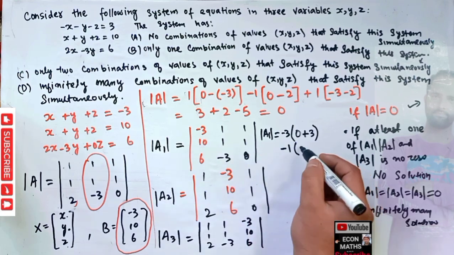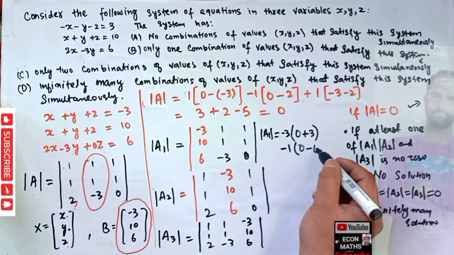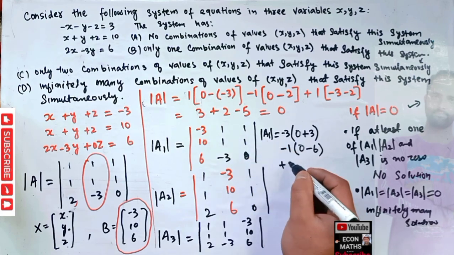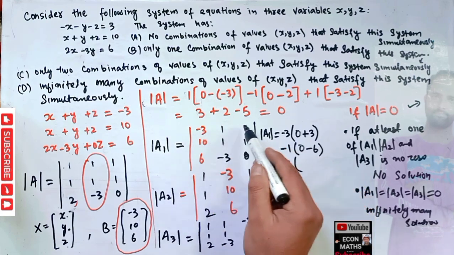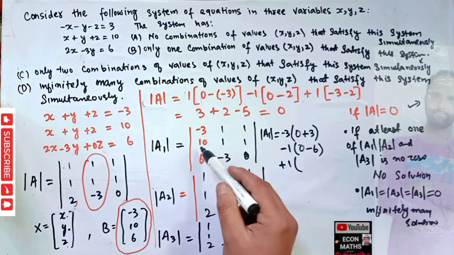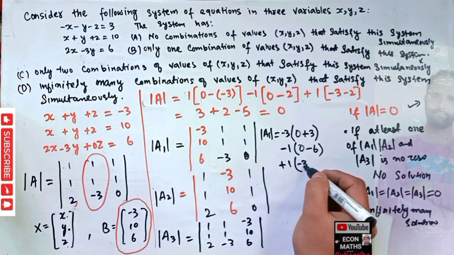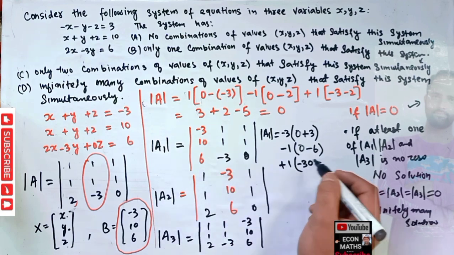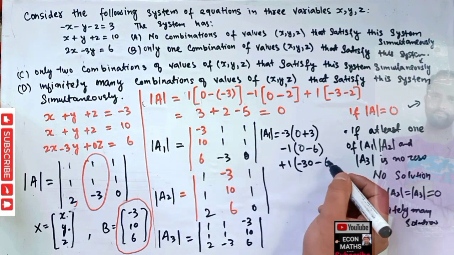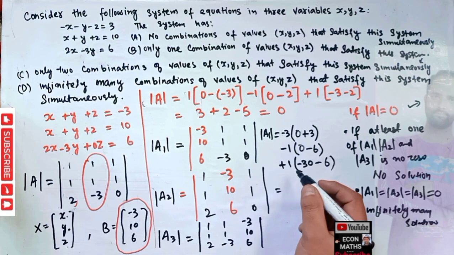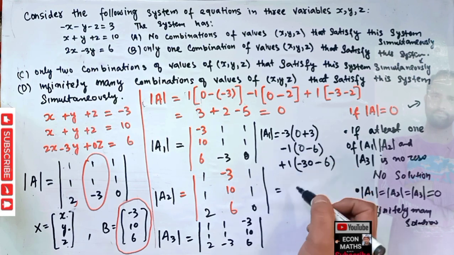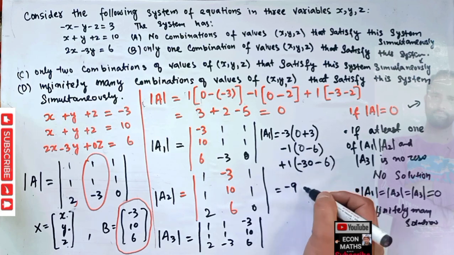So 10 zeros are 0, then we have -6, then we have +1, deleting this row and this column and taking the determinant of the remaining elements. So we have 10 threes are 30, so we have -30, then we have -6 zeros, 6 ones are 6. So let us see what comes as the determinant here. So 3 threes are 9, we get here -9. Here we have plus minus 1 into -6 is +6.